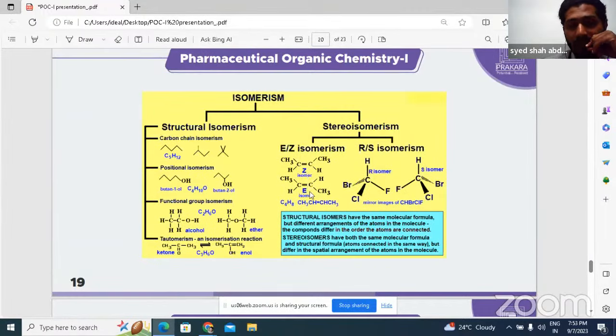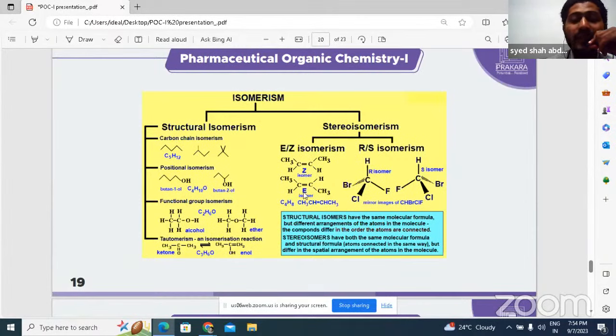You should remember Z. The example here is quite simple, so we don't need the priority concept, but Z has come from the word Zusammen, a German word which means together. When the same groups are present on the same side of the double bond, that is called Zusammen or Z isomer. The basic representation is cis. We call it cis or Z.